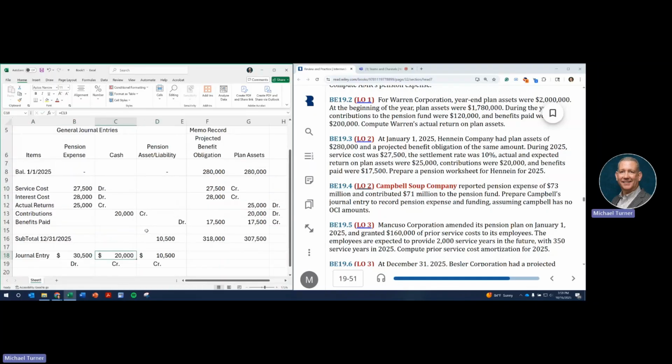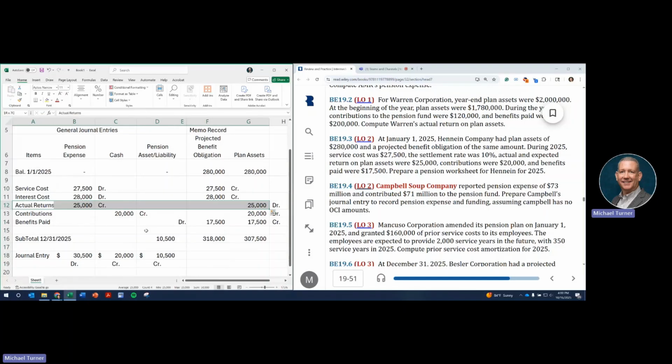Okay, so one thing to note in the worksheet, we actually show the actual return on the worksheet. This way it ensures that the plan assets are properly reported. So we had the actual return versus the expected. We use the actual to make sure that they're properly reported. If these were to differ, then we need to make an additional adjustment to compute the proper amount of pension expense.